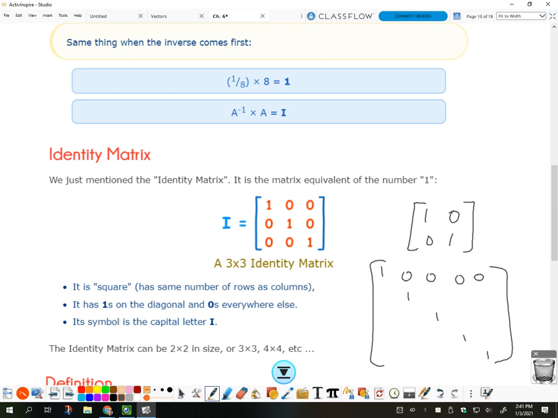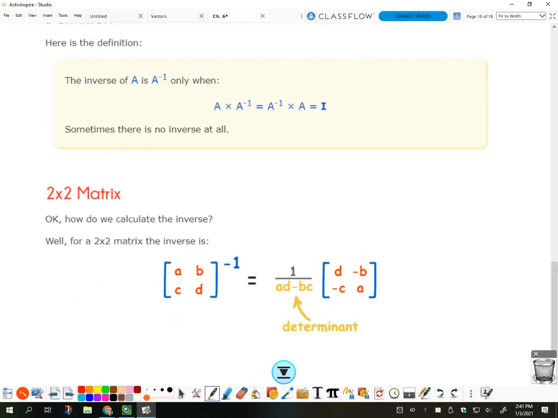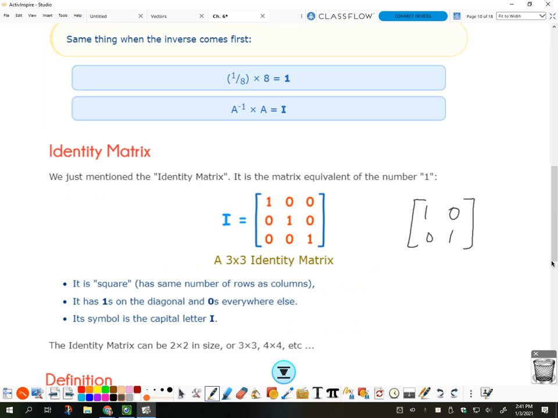So the identity matrix has 1s along the diagonal, and everything else is zeros. If you multiply a matrix times its inverse, you should get the identity matrix, which works as just 1, which is going to help us when we're solving these matrix equations in a minute.